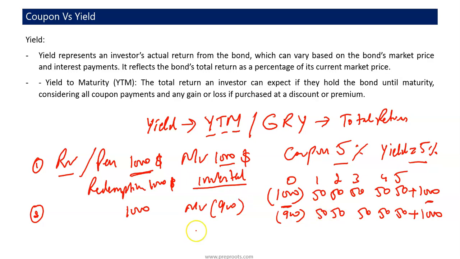Here in this case, YTM would be higher than coupon. Why? Because coupon is 5%. You will get the coupon, but you will also get the difference between the invested amount 900 and the 1,000. So YTM is higher than the coupon.